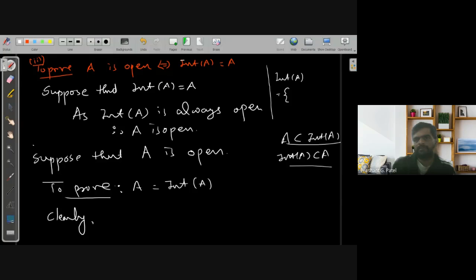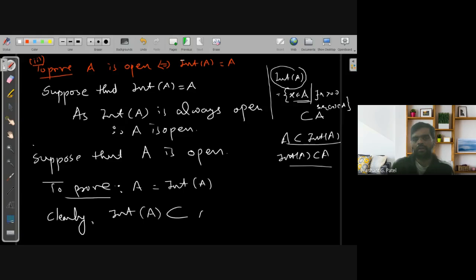It is a set of all points in A such that there exists R greater than 0 such that SR of X is a subset of A. So what does this statement say? X belongs to A. So this set is always a subset of A. So clearly interior of A is a subset of A.